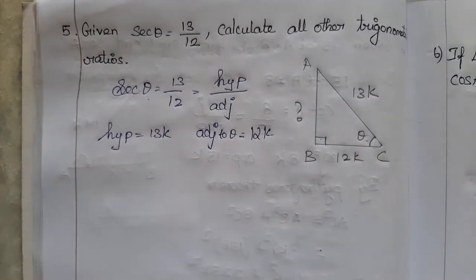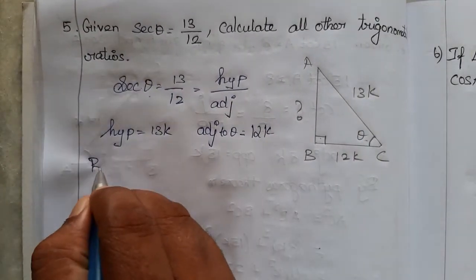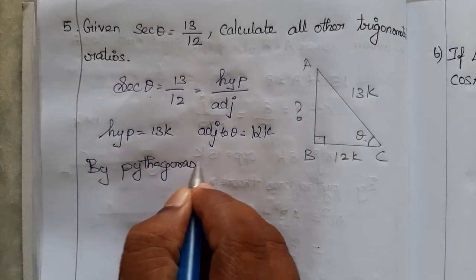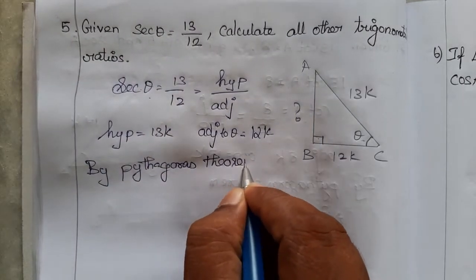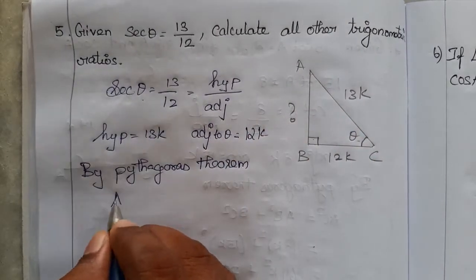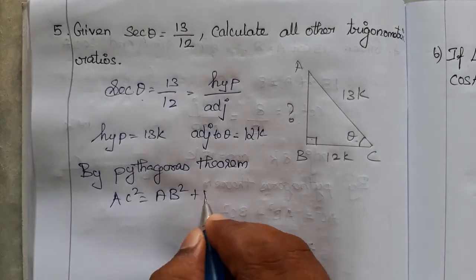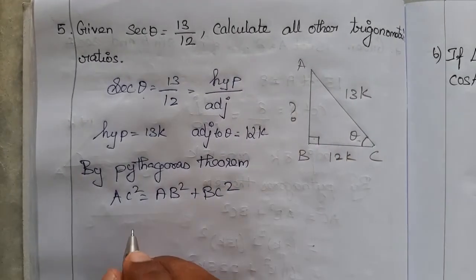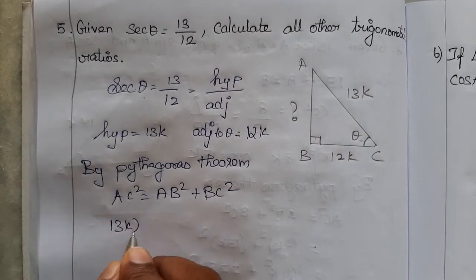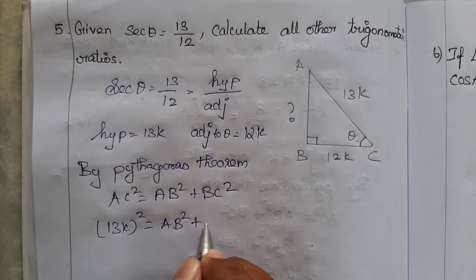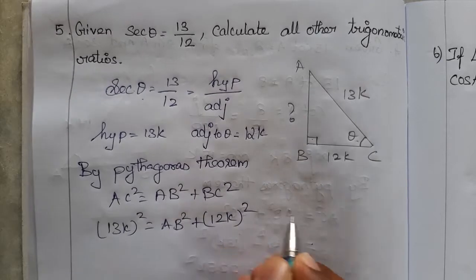So by applying the Pythagoras theorem, we can say that AC square is equal to AB square plus BC square. So AC square is 13k the whole square, is equal to AB, which we have to find, and BC is 12k the whole square.